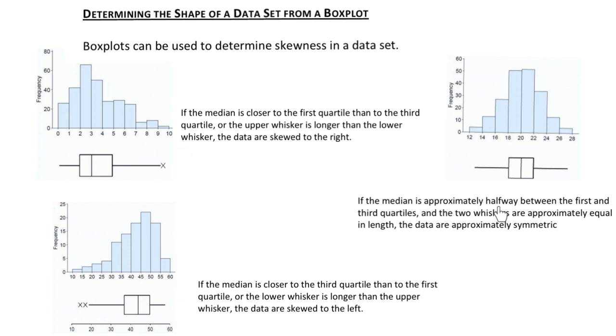If the median is approximately halfway between the first and the third quartile and the two whiskers are approximately equal in length, then the data will be approximately symmetric. If the median is closer to the third quartile than the first quartile and the lower whisker is longer than the upper whisker, then the data will be skewed to the left.